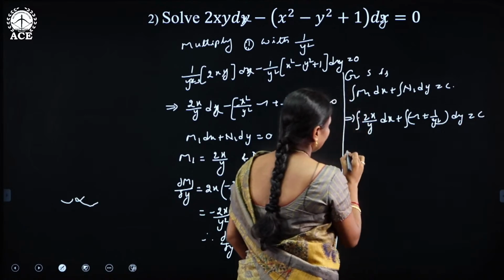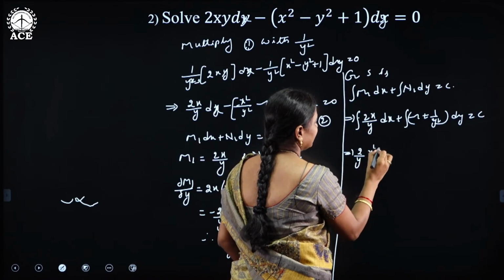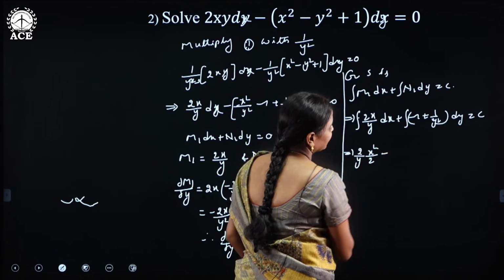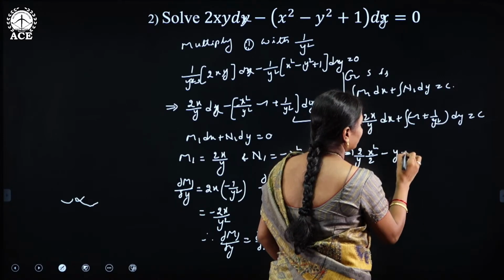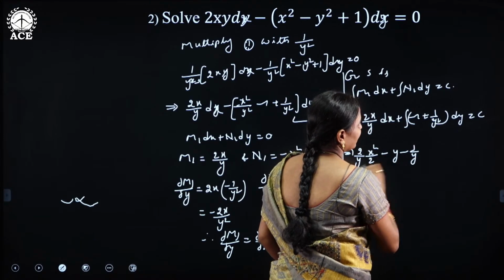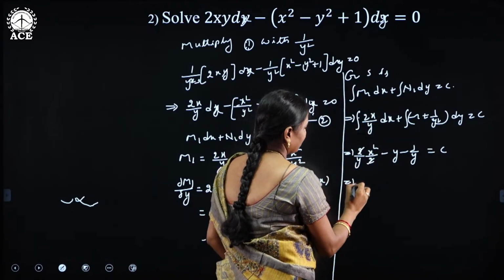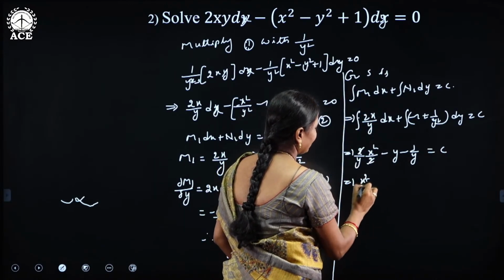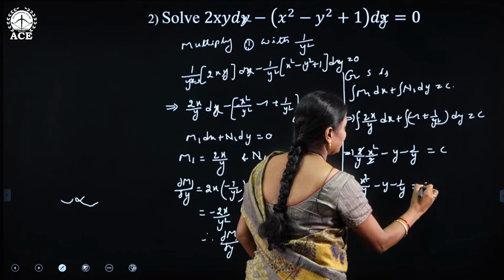So here integrate it. 2 by y into integration of x is x square by 2, minus integration of dy is y, integration of 1 by y square is minus 1 by y, is equal to c. Now if we cancel 2, that implies x square by y minus y minus 1 by y is equal to c.